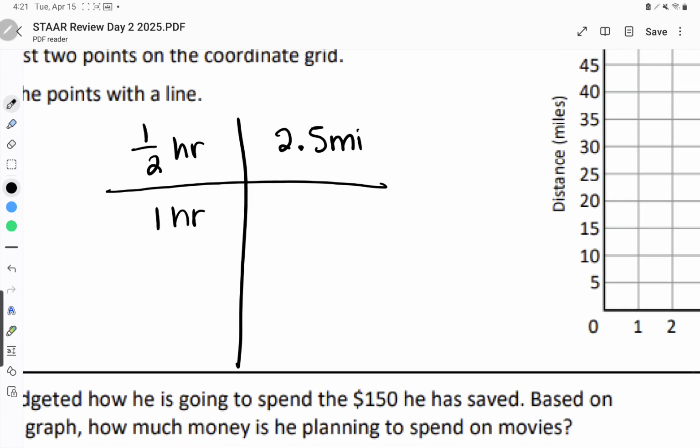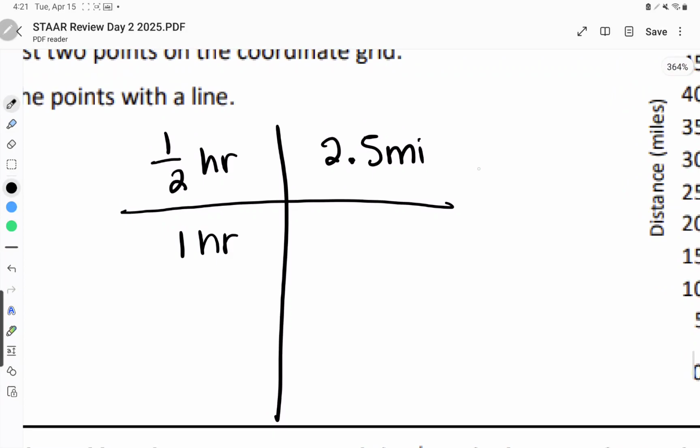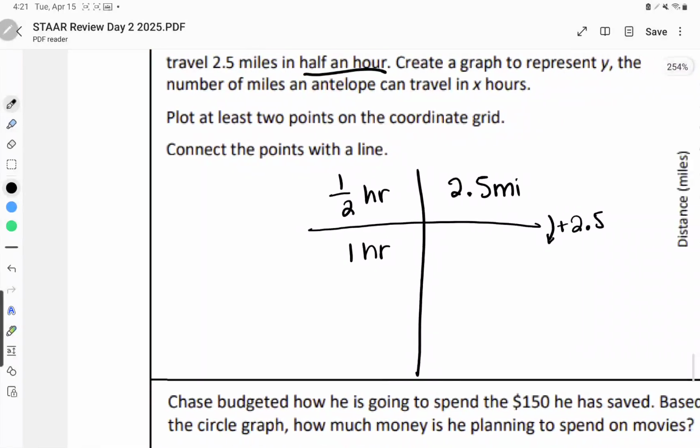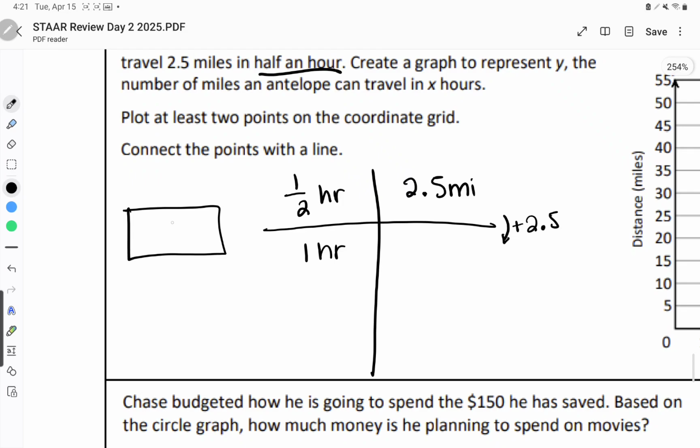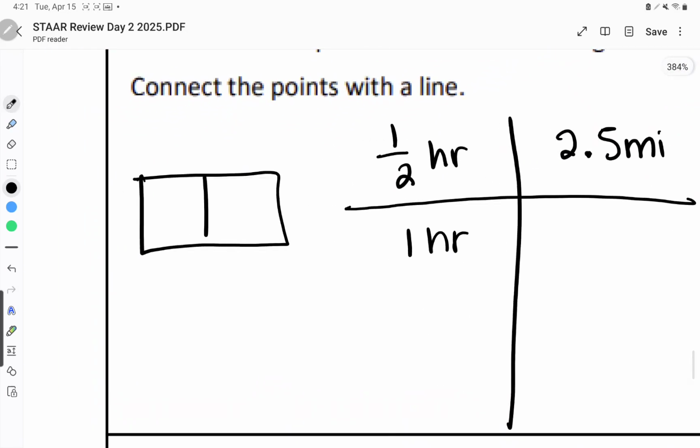Well, if in a half hour it goes 2.5, how many miles would it go in 1 hour? I would add 2.5, and I'll demonstrate it to you like this. This is a half hour. This is a half hour. So this right here, the whole thing is 1 whole hour.